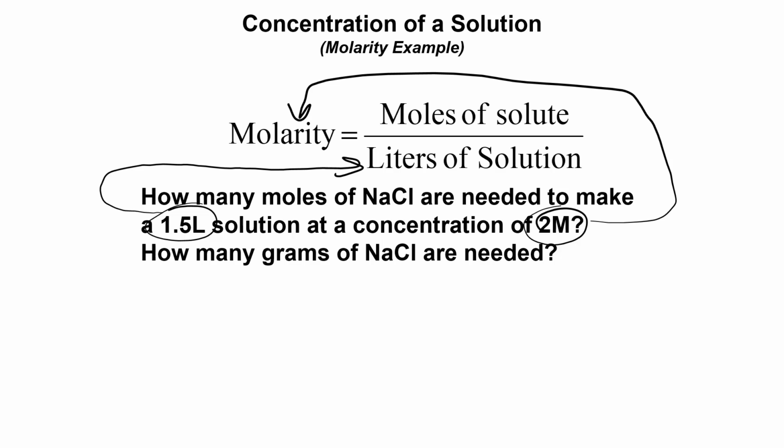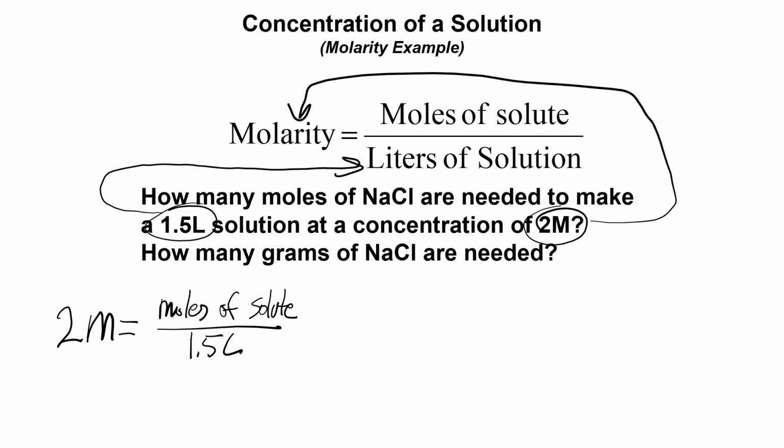So we're going to put 2M, and then moles of solute, and then liters of solution is 1.5. So moles of solute, which is technically the moles of NaCl, is 3 moles. And we do that MOL like that, okay?